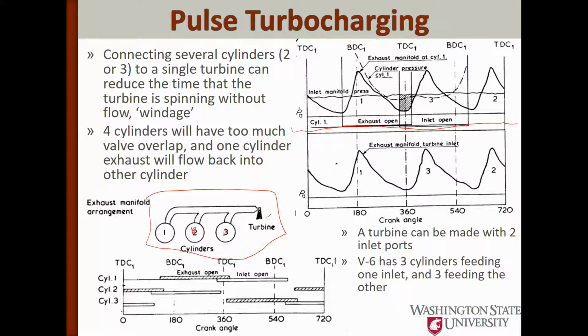So let's look at the top part of this diagram that comes from your textbook, I believe. If we've got atmospheric pressure down here that we're exhausting to, and we've supercharged our inlet, so the inlet manifold pressure is a bit higher than atmospheric. We're going to come around here to this point, and this first bar is where cylinder 1's exhaust valve opens.